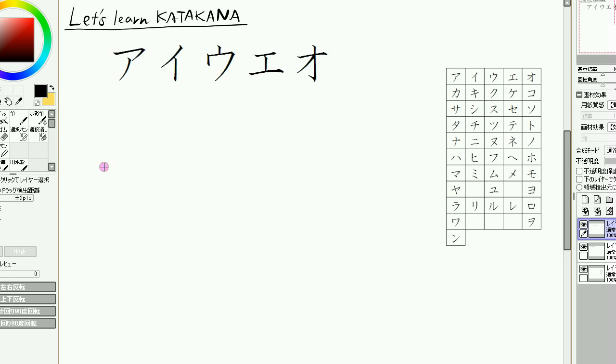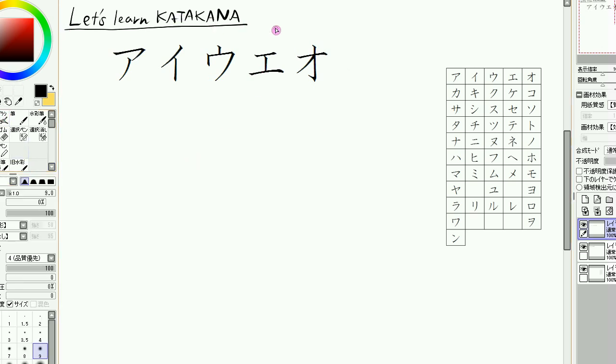So let's see this one, and let me show you how to write that. Okay, first of all, first one, it goes like this and this. Second one, you sweep from the top right like this, and a straight line here. The third one is straight line, small one, another one, and you go this way and you sweep.